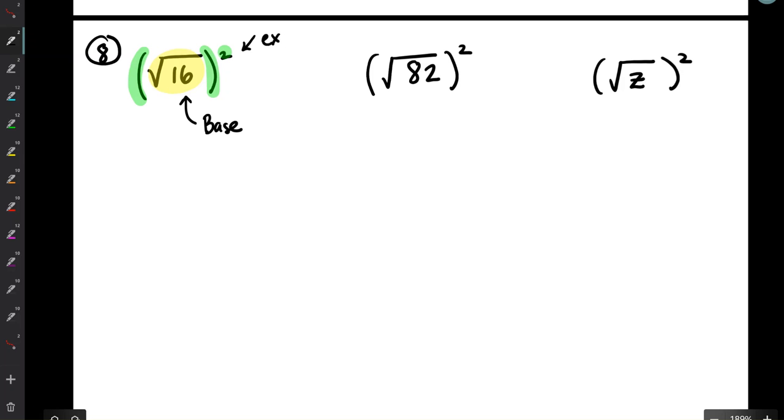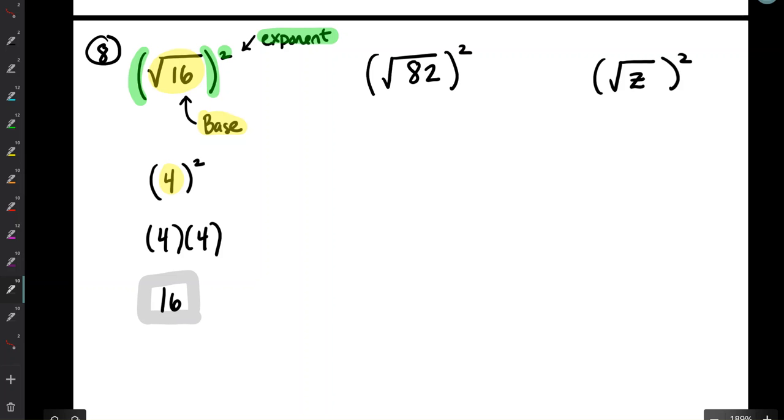And that's your exponent. Now with this particular one that I gave you, we could simplify. The square root of 16 is 4, and 4 squared is 4 times 4, which is 16.